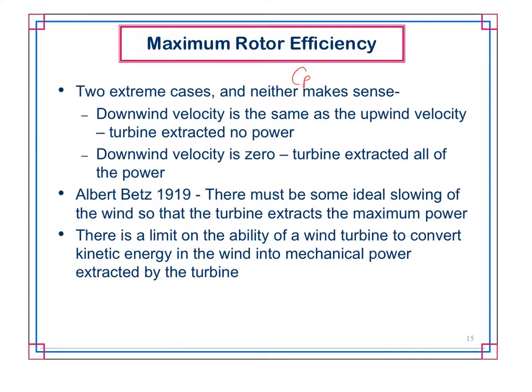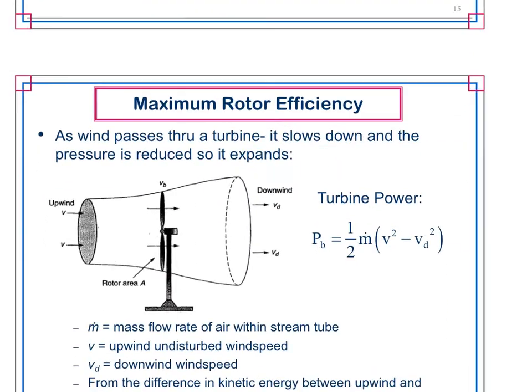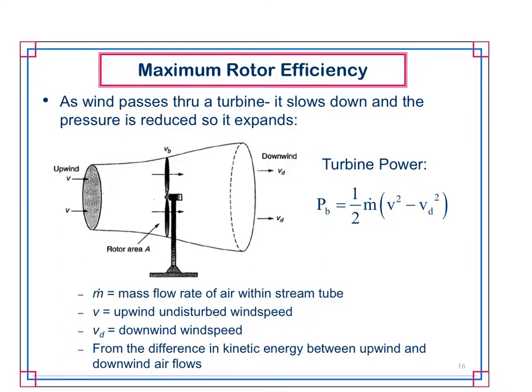So this gentleman, Albert Betz, in 1919, started thinking about this and asked, what is the way to do this calculation? Let's take a look at our mass flow rate again. It's that 1/2 mv squared, but I'm going to do it now as the difference in speed between the two.